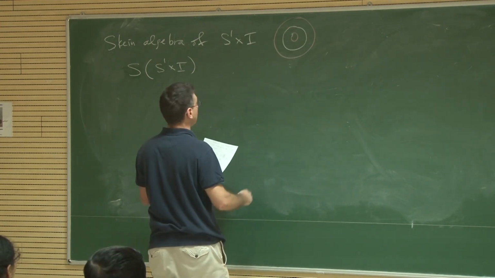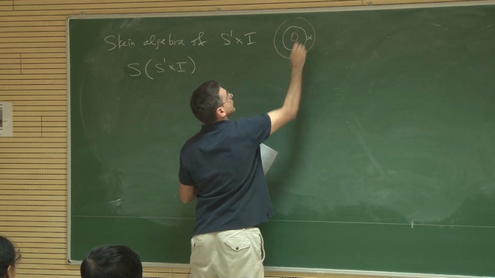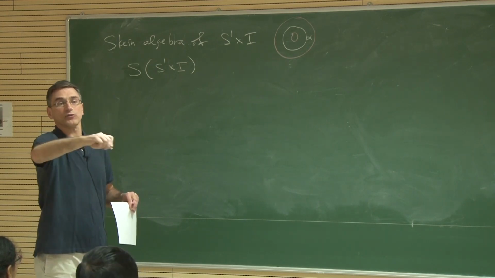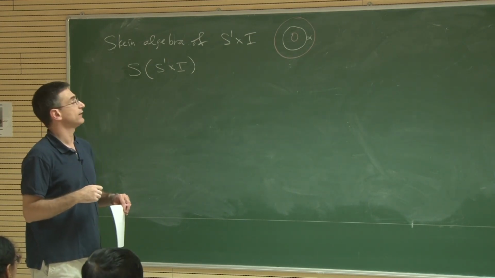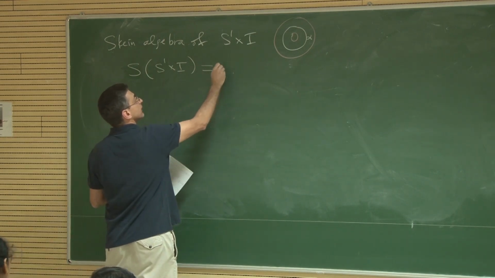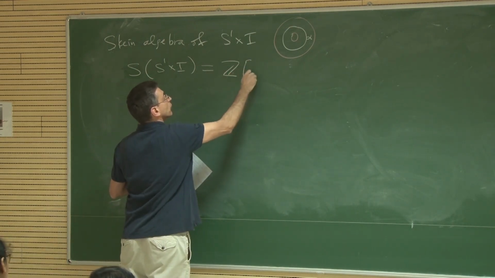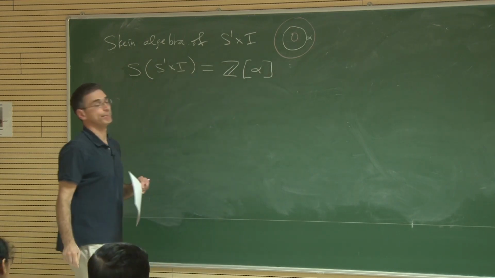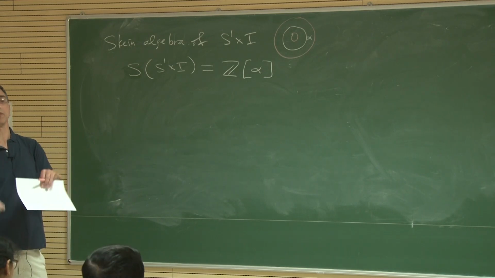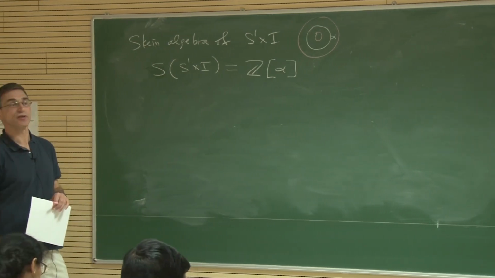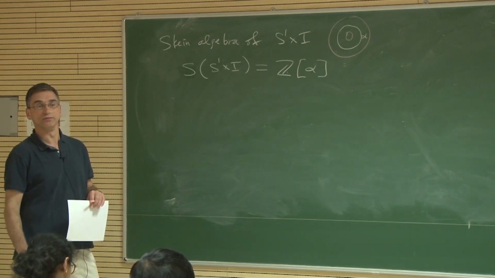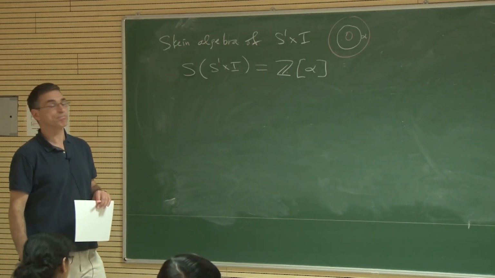We'll call this element alpha. So it's just the generator of pi 1 of S1 cross I. And you can see that what's going to happen in this Skein algebra is this is just a polynomial algebra in alpha. That should make sense, right? All of the crossings you can dispose of using the Kauffman bracket relations, but you can't do anything with this single crossingless loop.